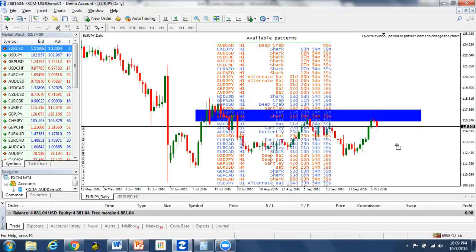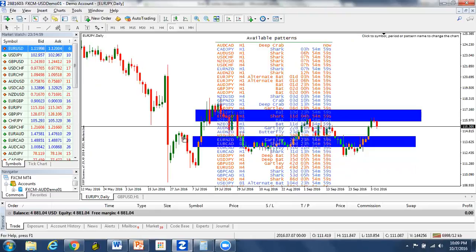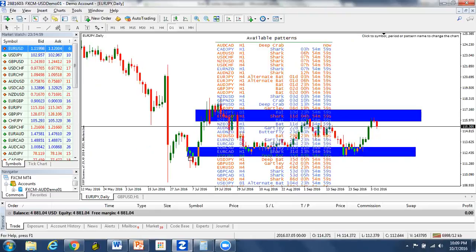It's kind of been playing around between here and here. This is kind of a support and resistance area. If you want to think of it in terms you may be able to remember, support is like your floor, resistance is like your ceiling. So support is at the bottom.